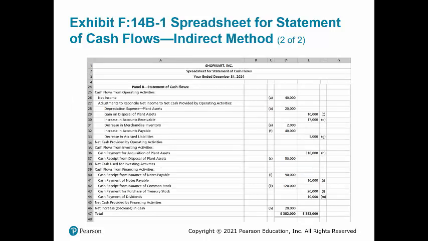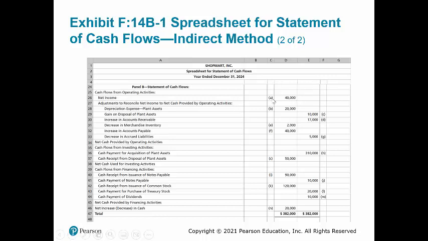On this slide, we're looking at the bottom part of the spreadsheet. And as I said, each one of the debits or credits in the top of the spreadsheet will correspond to a debit or a credit in the bottom of the spreadsheet. And I pointed out retained earnings. So let's see how the spreadsheet works. We know that the statement of cash flows begins with net income. We know that retained earnings increase with a credit for $40,000.